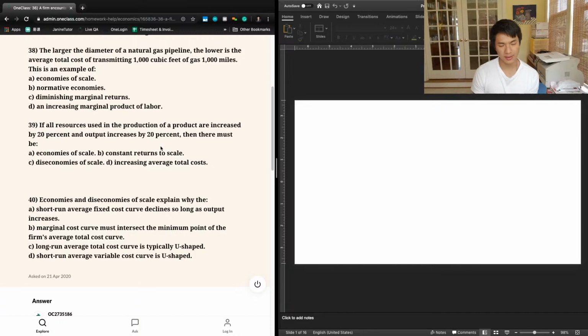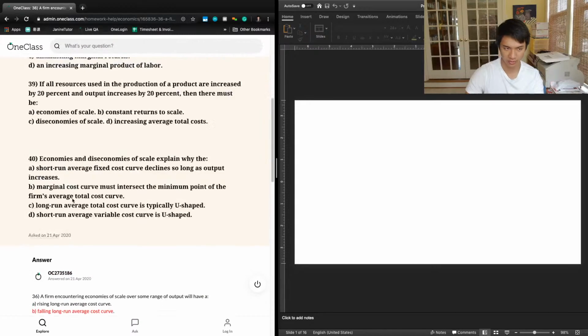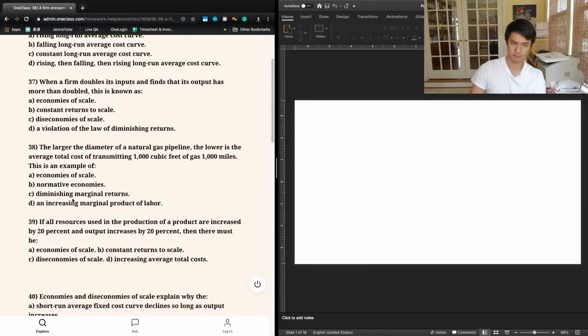That, again, seems to be an example of economies of scale, where as you increase output levels, the average total cost of those output levels is actually going to go down. And so this is a situation where economies of scale will be an appropriate answer. And so we see that the previous tutor also agrees with us here, so that's good.